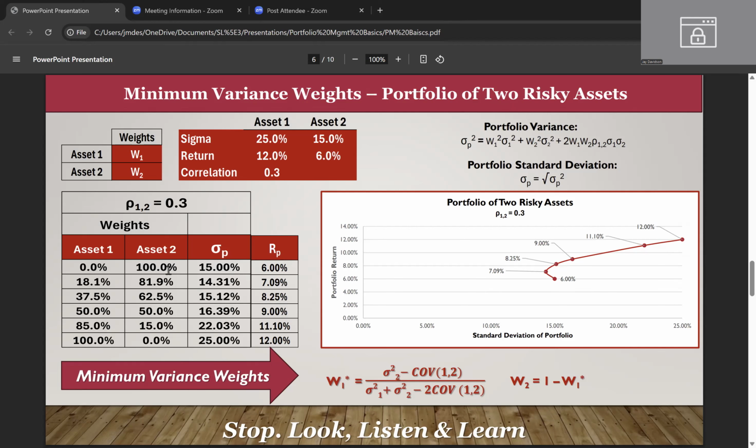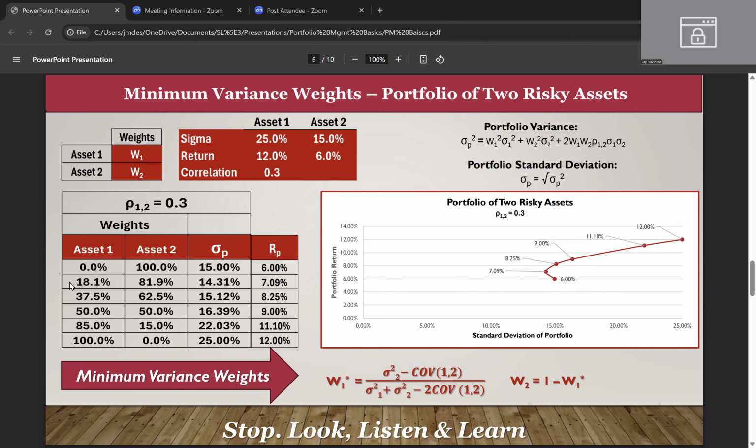And as you can see, if you start off with 100% in asset two, as we saw here, and then you add 18.1% of asset one to the portfolio, then you can see the standard deviation of the portfolio declines from 15% down to 14.31%.